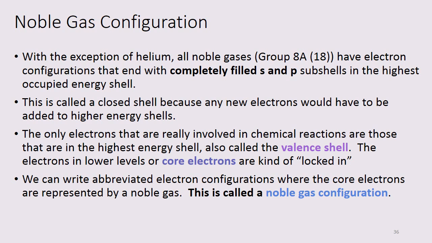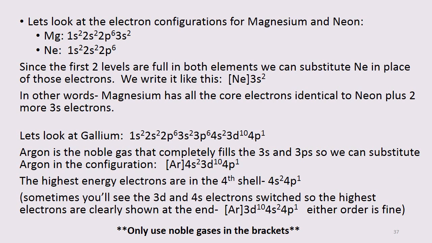And so it's not too hard to follow. Let's look at magnesium and neon side by side. Notice that neon, 1s2, 2s2, 2p6, and magnesium, 1s2, 2s2, 2p6, 3s2, are identical except for those last two electrons. Since neon is a noble gas, we have a closed first shell and a closed second shell.